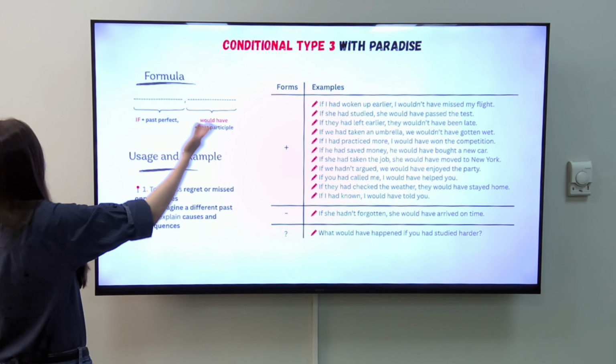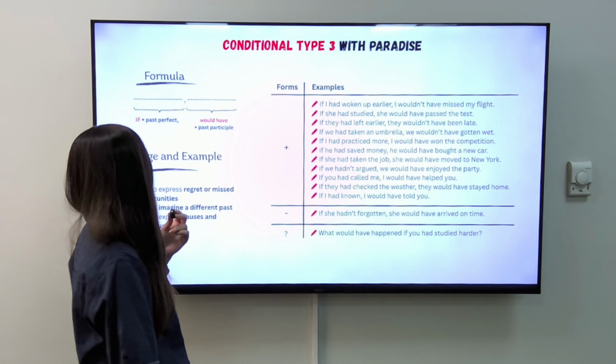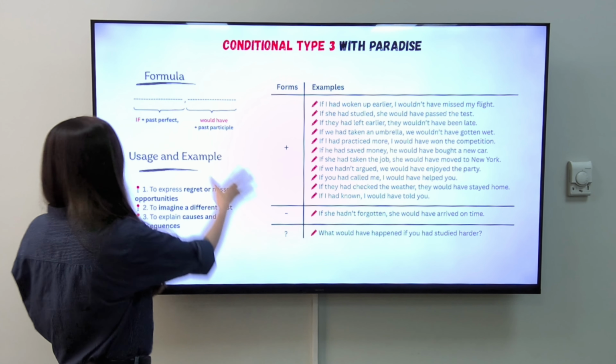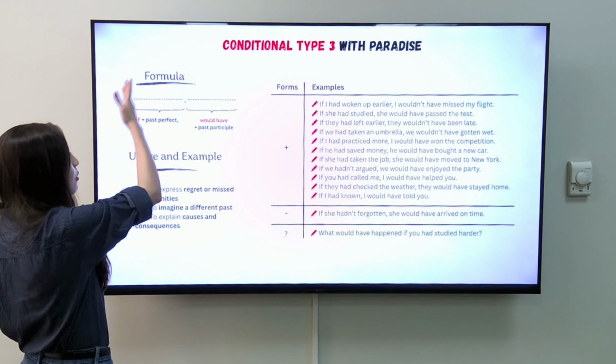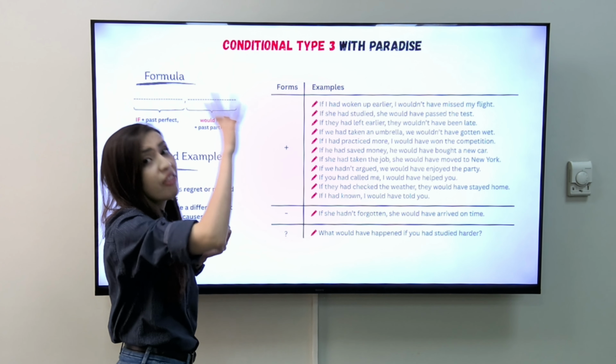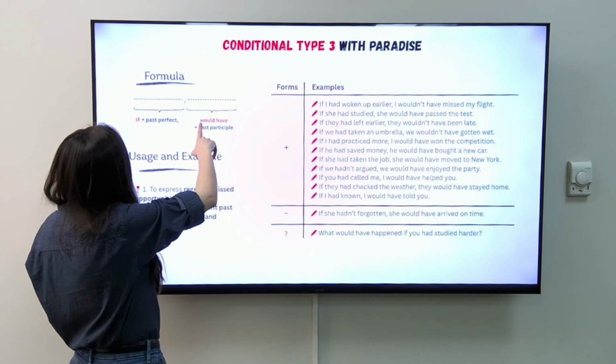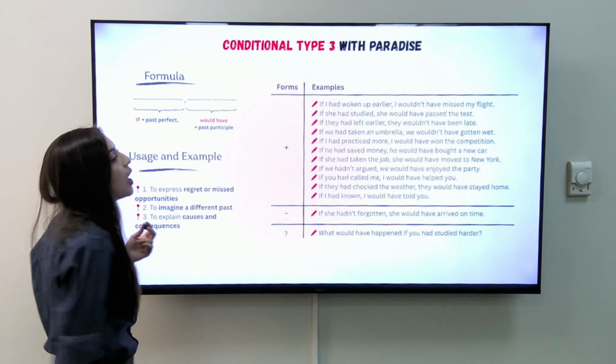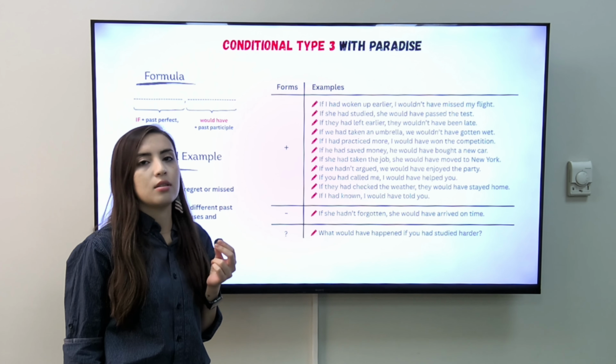But in here we have past perfect. What is the deal? So this part is if plus past perfect. The other part, let's say, would have plus past participle.